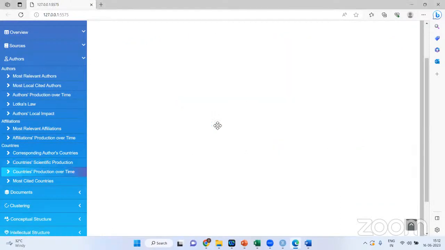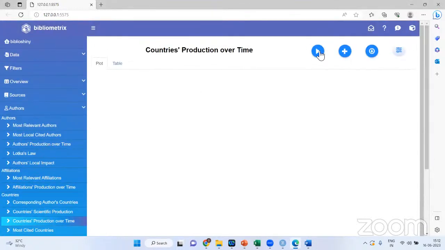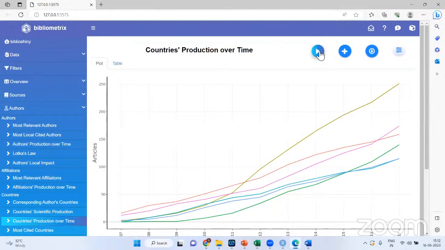Country's production over time. Most cited countries.